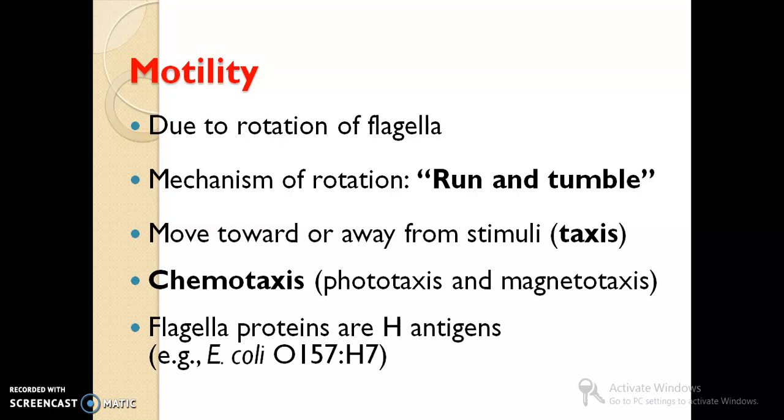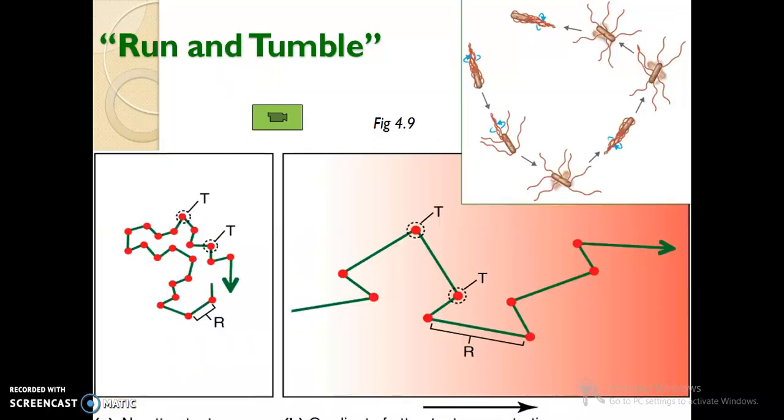Flagellar proteins contain the H antigen, and flagella are present in some bacteria, for example Escherichia coli. So this is the run and tumble. As you see, this is the motion of bacteria, run and tumble, as the flagella are used for motility of the bacteria.